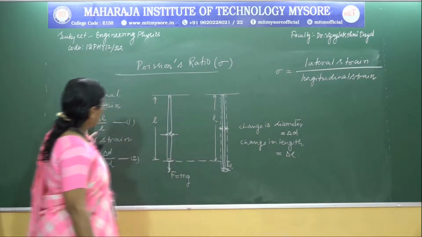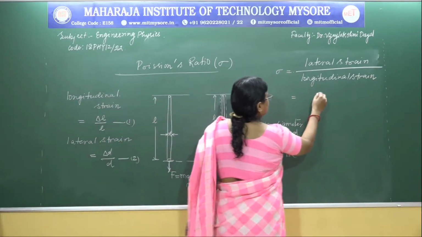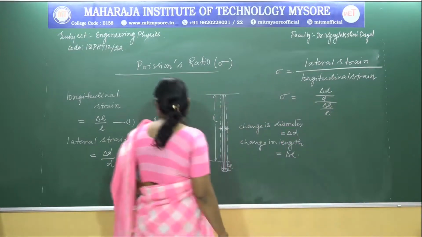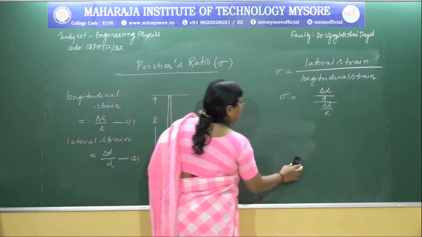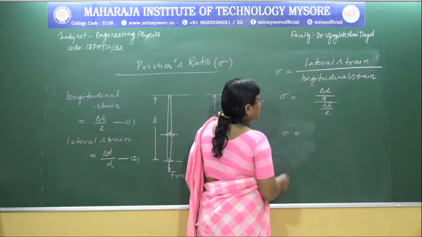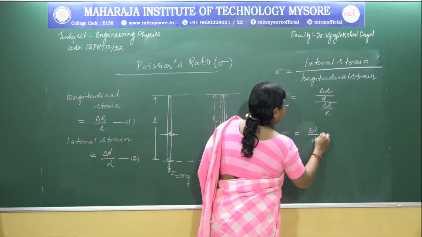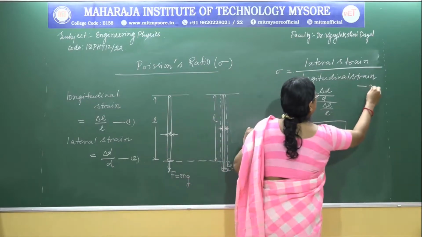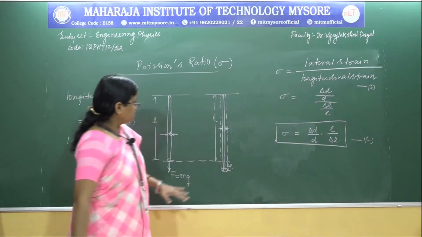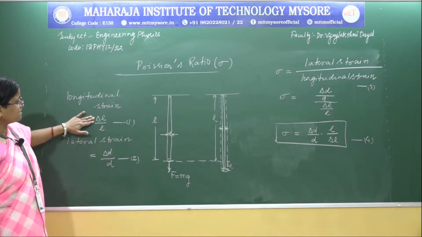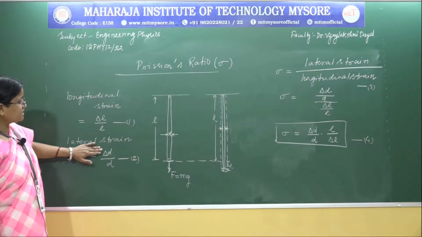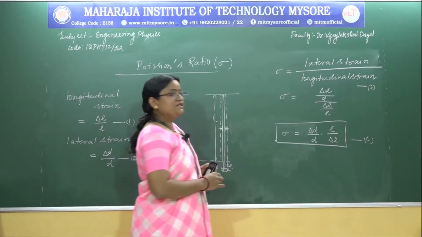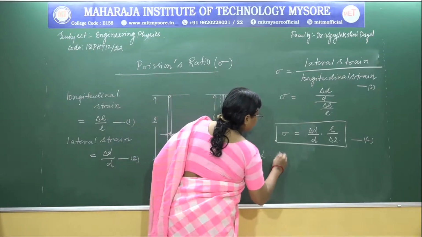So, we will substitute the value of equation 1 and 2, and we get sigma equal to delta d by d divided by delta L by L. Further we can write that as sigma equal to delta d by d into L by delta L. Now, the longitudinal strain is change in length by original length, and lateral strain is change in diameter by original diameter.